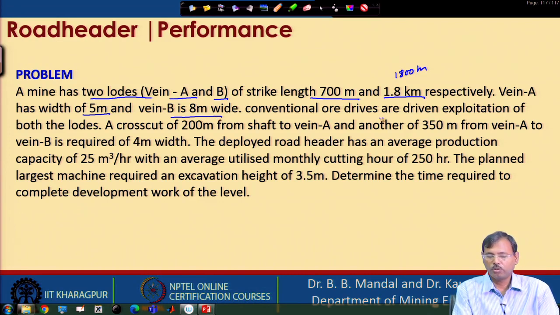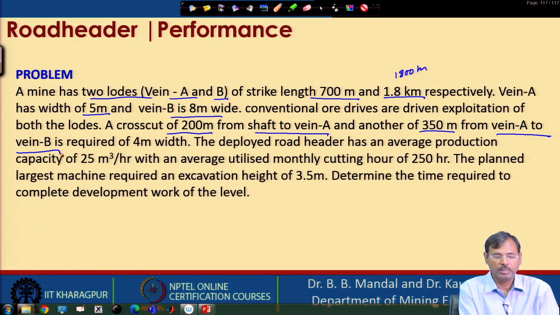Now, conventional ore drives are driven in both vein A and vein B. There is no drift, only ore drives are there, and a cross cut of 200 meter from the shaft to vein A and another cross cut of 350 meter from vein A to vein B, that is the extension of the first cross cut, has to be made, and those are considered 4 meter width.